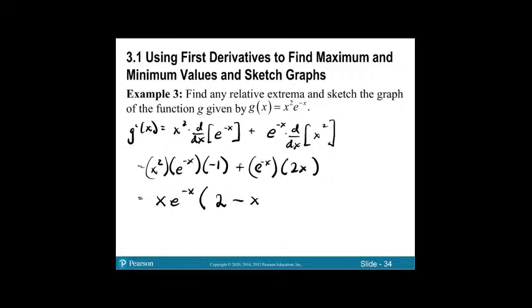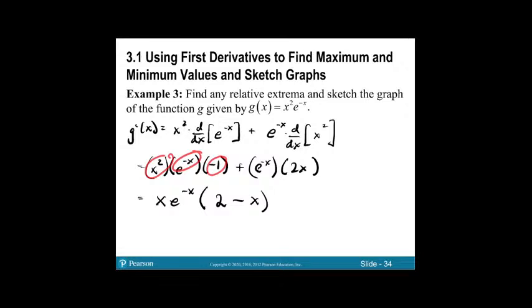Let me look at it one more time. If we distribute, we get 2x e to the negative x, so that one's taken care of, and negative x times this gives negative x squared e to the negative x. So I feel good about this.